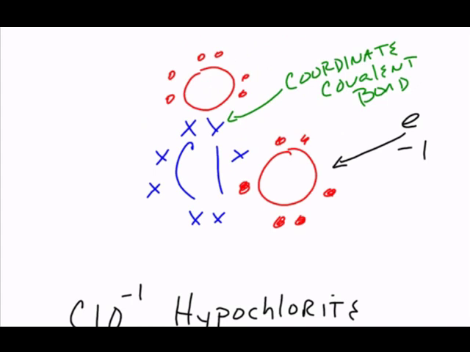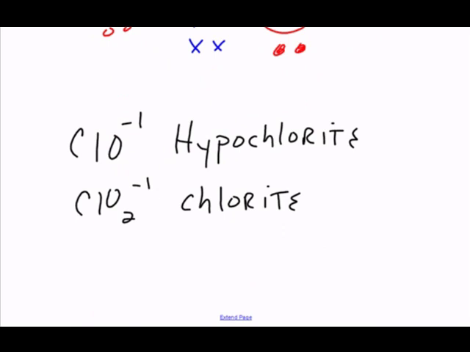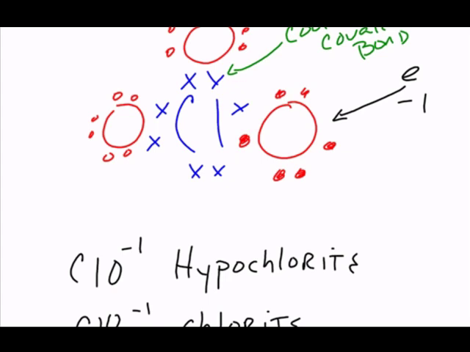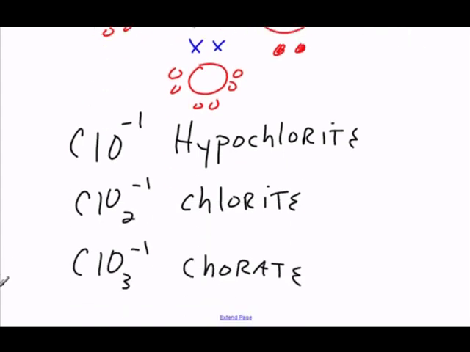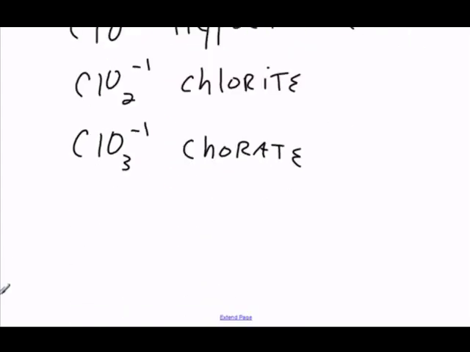You see, we can do this again. If we put an oxygen on the left-hand side here, it's still a minus 1 because oxygen's still grabbing that electron. And this is ClO3 minus 1, chlorate. Yet one more oxygen can be added to the bottom, and that makes it ClO4 minus 1, and that's perchlorate. The per refers to 4.